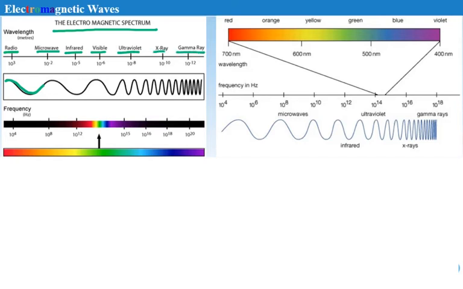So you go from the longest wavelengths for the radio waves to the shortest wavelengths for the gamma rays. And you go from longer waves with lower frequency to higher frequency with shorter wavelengths. And the visible light falls somewhere in between.